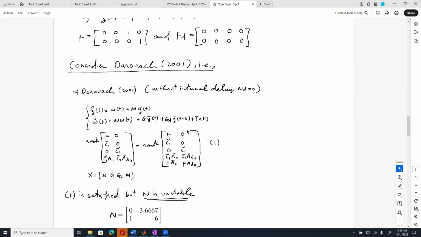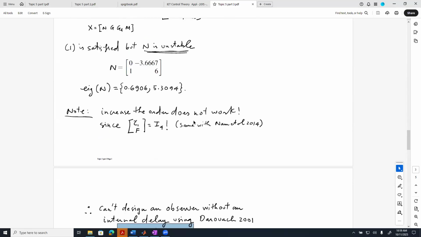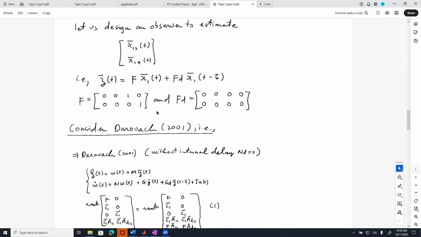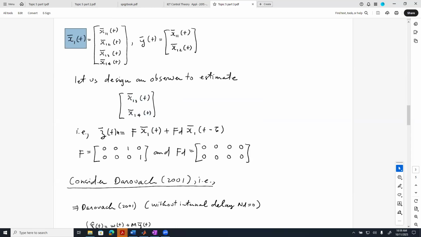When we apply one of those methods, we found that the problem is equivalent to selecting matrix F according to this structure, because we want to estimate the last two unmeasurable state variables in this state vector.